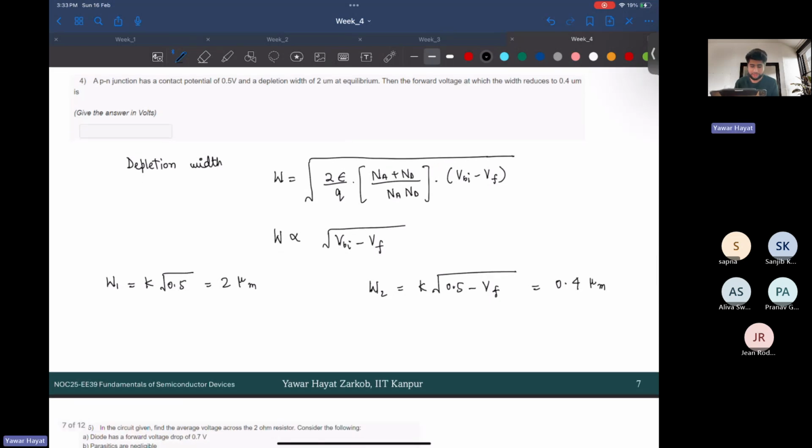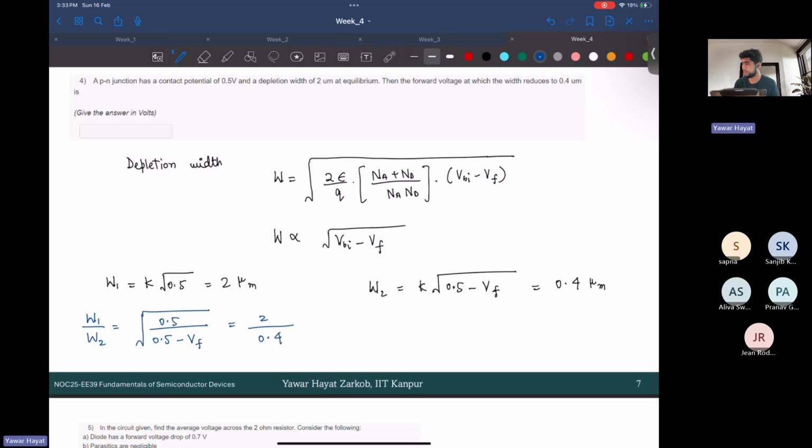Now, what about W1 by W2? How much is that equal to? W1 by W2 is square root of 0.5 by 0.5 minus VF, and this is equal to 2 by 0.4, right?